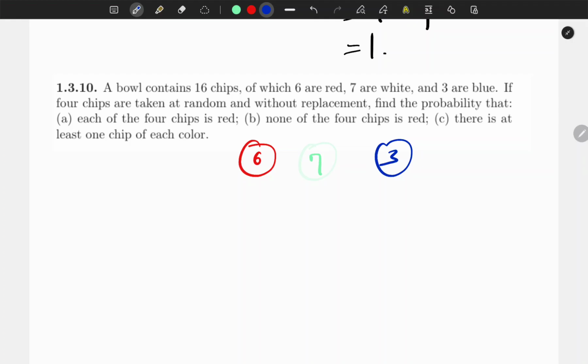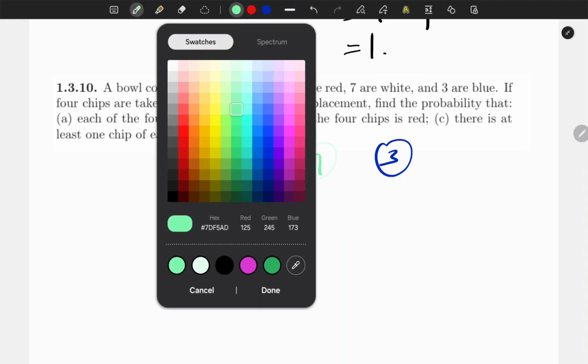So if 4 chips are taken at random without replacement, find the probability that each of the 4 chips is red. The best way to handle this question is to make use of combination.